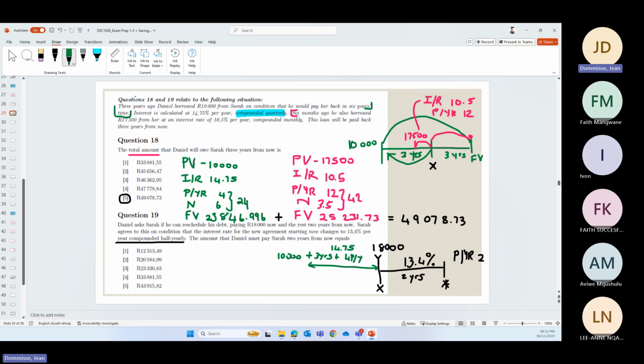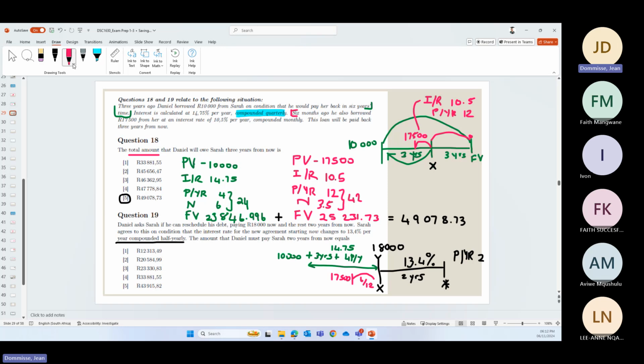Then we need to do exactly the same with that pink component, which was 17,500 over 6 months. Okay, so we are needing to change these numbers a bit.